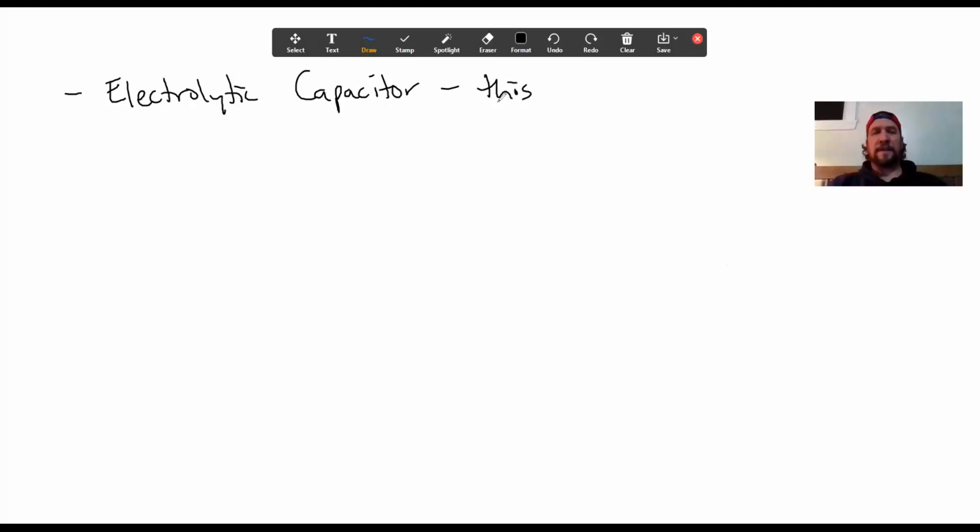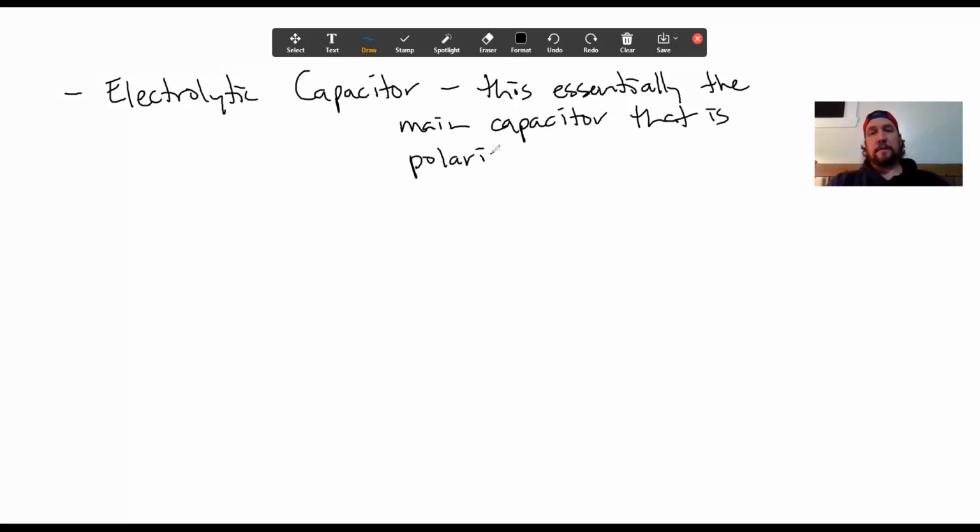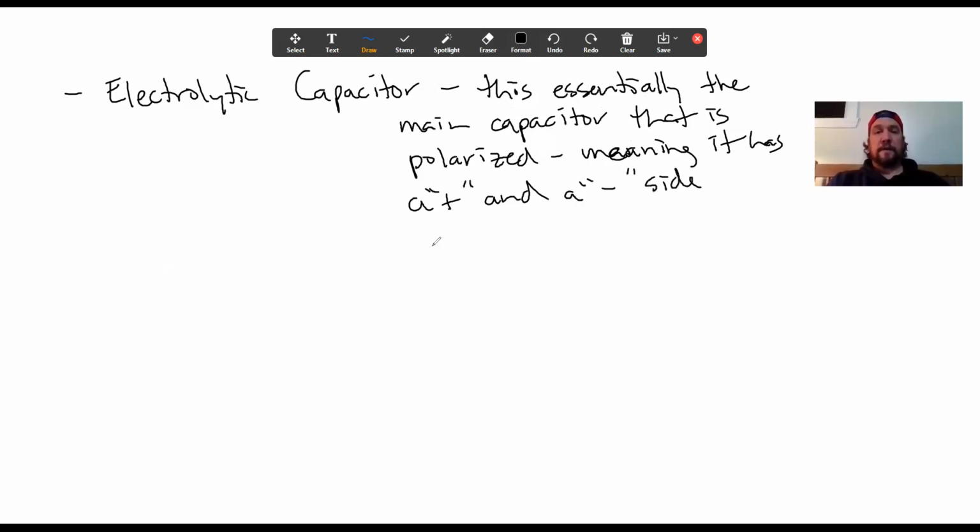It's a complex way of how they set it up, but this is essentially the main capacitor that is polarized, meaning it has a plus and a minus side.